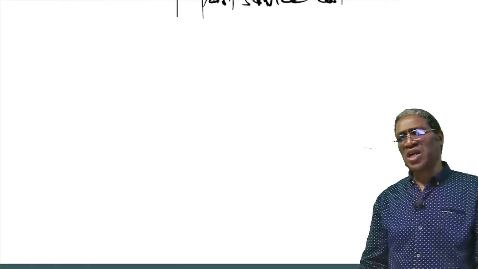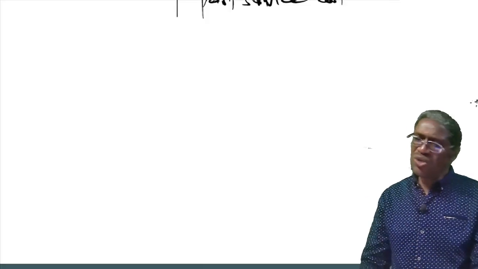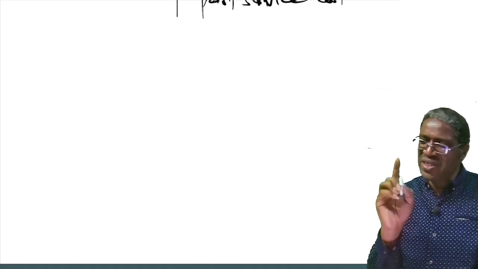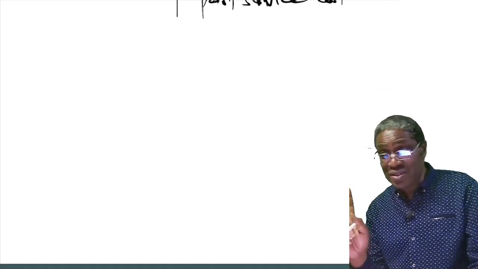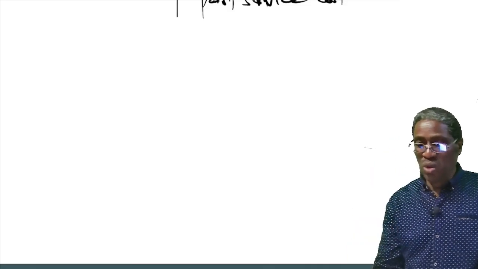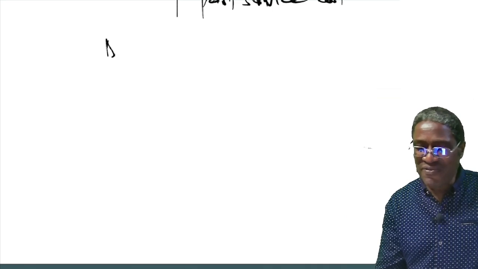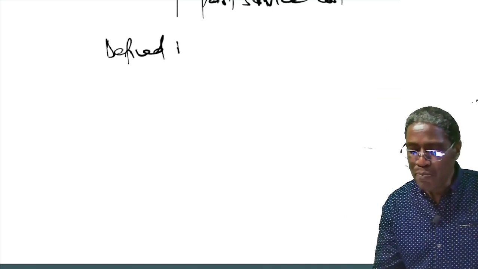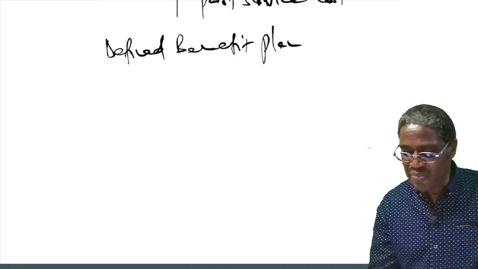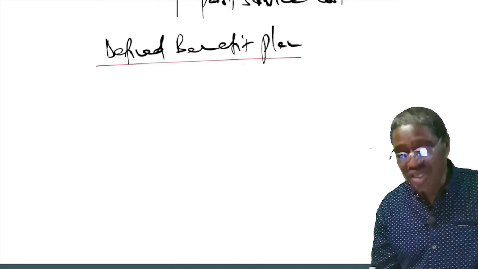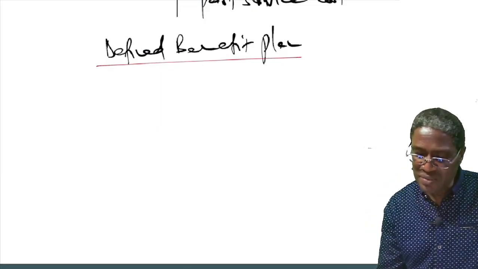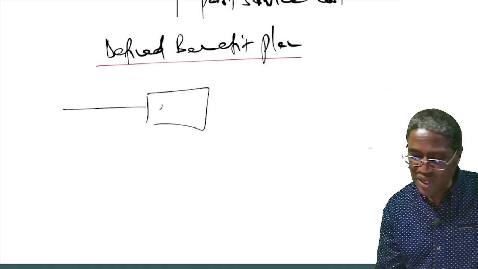Before I explain what's an actual gain or loss, I want to take you back to the different types of a pension plan. I told you there are two. One of them is what we were calling a defined benefit plan. In this plan, I told you that contributions are made to a fund.